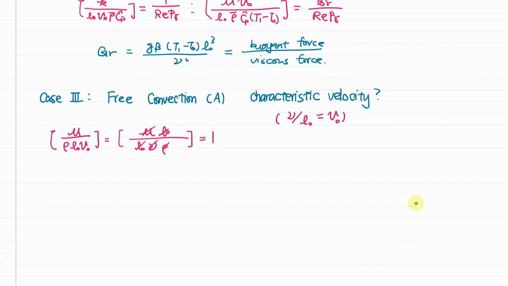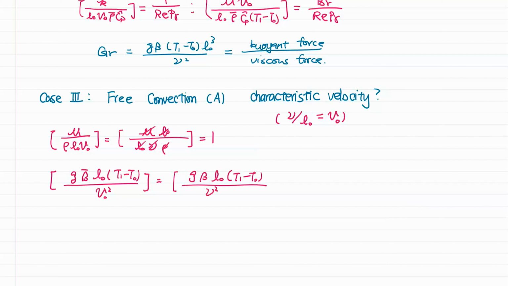Now for the buoyant term in the equation of motion, we have g beta L naught (T1 minus T naught) over V naught squared, which now equals g beta L naught (T1 minus T naught) over kinematic viscosity squared over L naught squared.